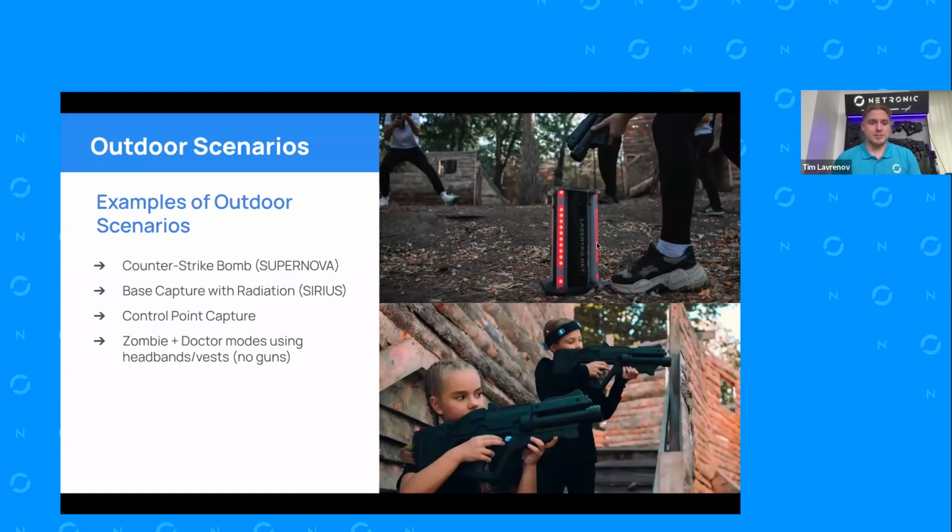You just give them the vest or the headband, and they're just walking around the arena, and only by walking around they can heal or damage the other players. And it's very nice because they like to run and heal someone or take their lives. Yeah. Let's go further.